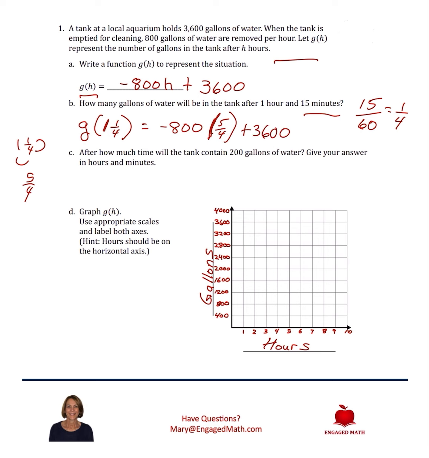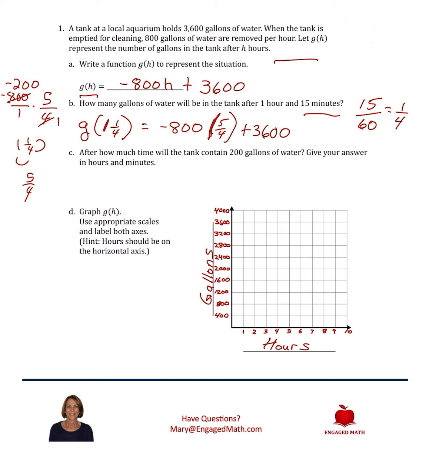Now again, off to the side here, I'm going to show you the easiest way to multiply the negative 800, which we could put over 1, times 5/4. Before we go through all the trouble of multiplying negative 800 times 5, let's reduce the 800 over 4 to negative 200 over 1, because 200 is the reduced version of 800 over 4.